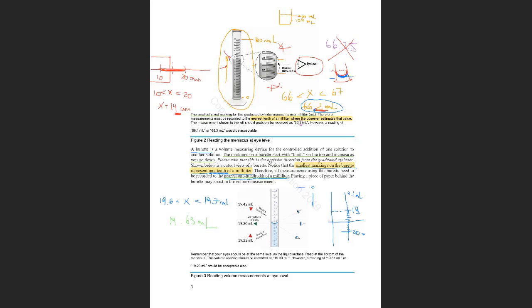So I have 2 digits after the decimal with the burette, but with the graduated cylinder, I had only 1. So which one do you think is more accurate?